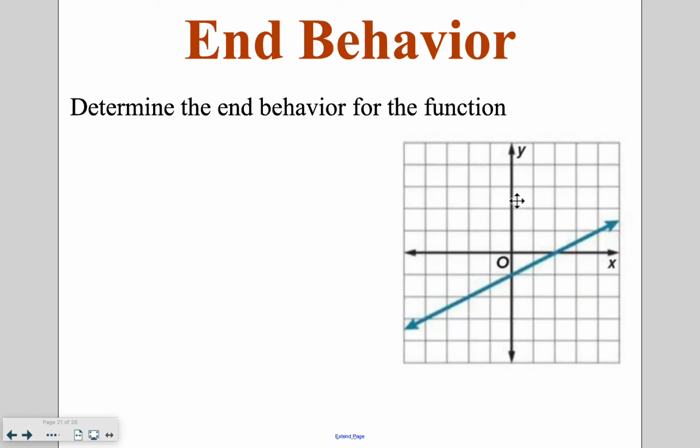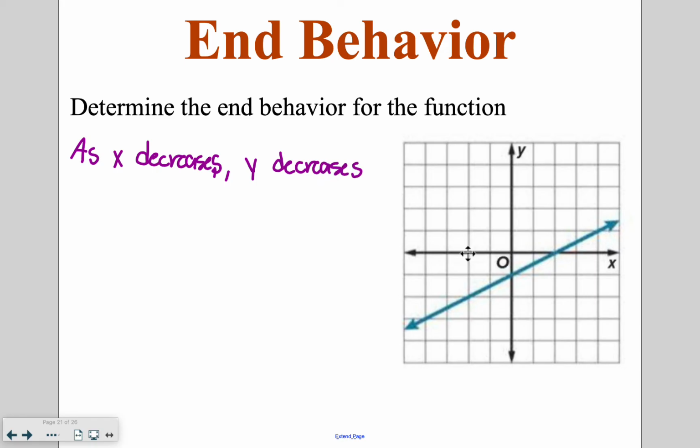So if I am looking at this particular function right here, it is a linear function. So the first thing I want to do is say, all right, as we are going to the left, so as the x values are decreasing, what is the trend of my y values? So as x decreases, as we move to the left, our y values are also decreasing in this case.